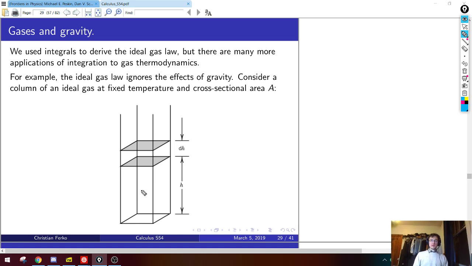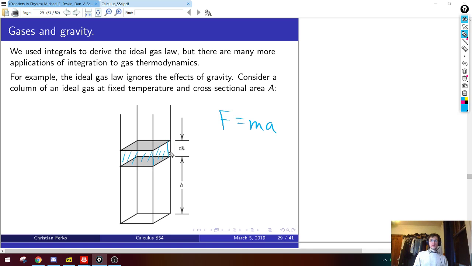Okay, I'll set up the problem for you. Suppose you have this column of a gas. You can think of this as a column of air in the atmosphere. This is all of the air above Earth, and we're just going to consider this little cube part. Restrict our attention to this column. We're going to include the effects of gravity, and we're basically going to write Newton's second law again, F equals ma, for the gas which is contained within a little slice, the gas in this little rectangular prism here.